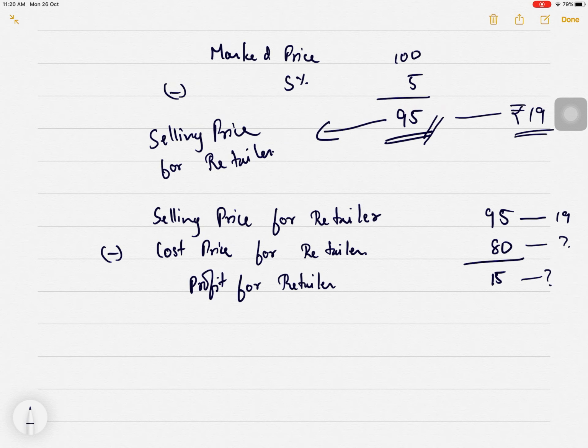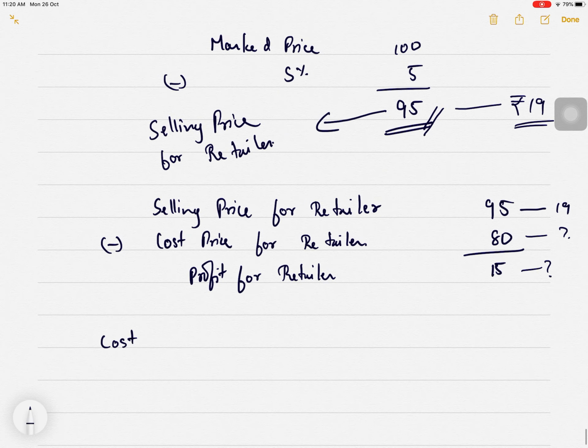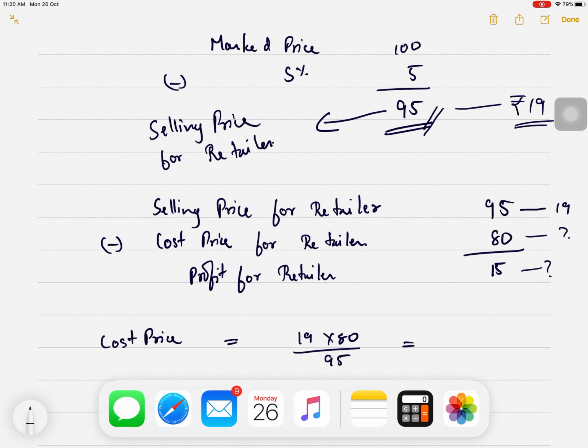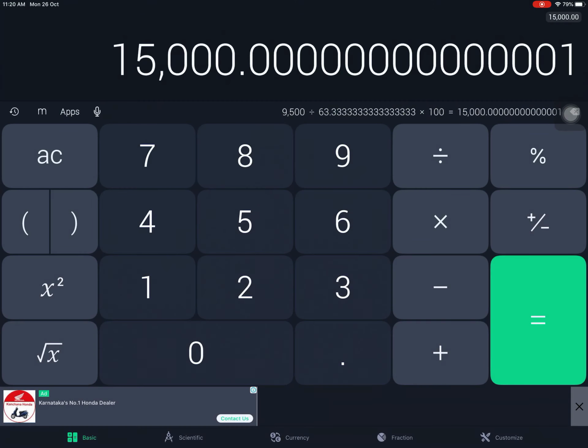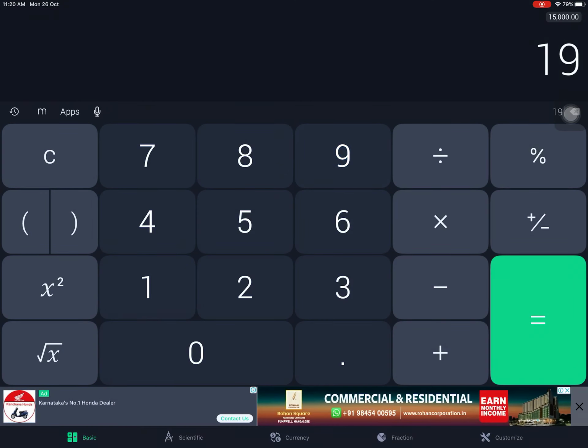Let's find out. So, the cost price is equal to, cross multiply, 19 multiplied by 80 divided by 95.